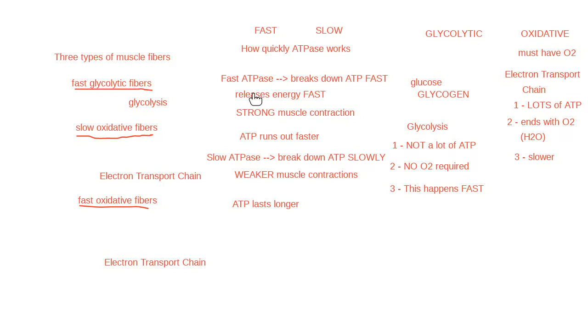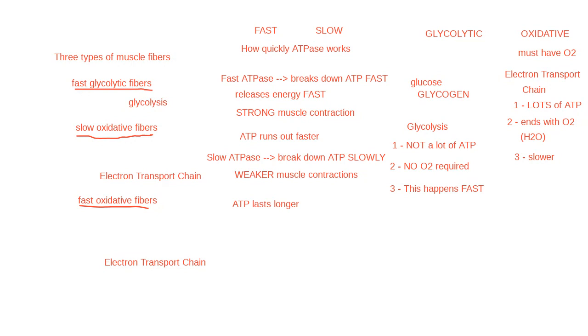So, the second part for us to know about the names of these muscle fibers. First is this glycolytic and oxidative word. Second is this fast and slow word. Fast means that my enzyme that breaks up ATP works really quickly.